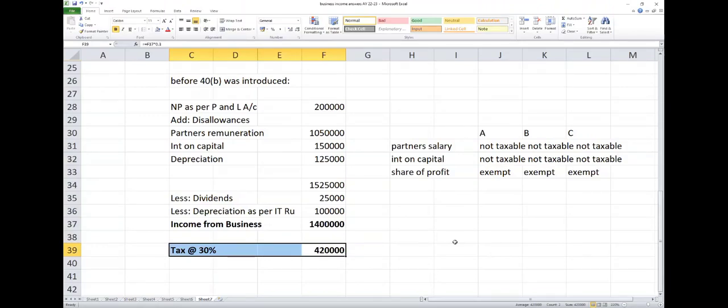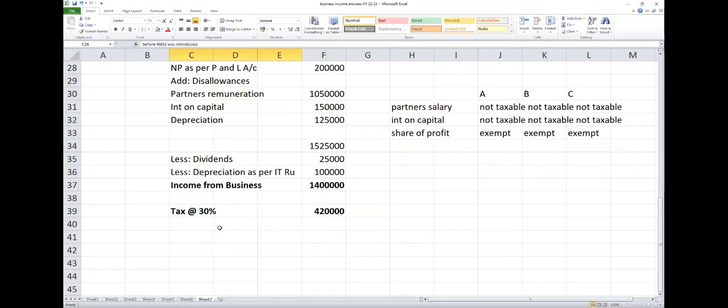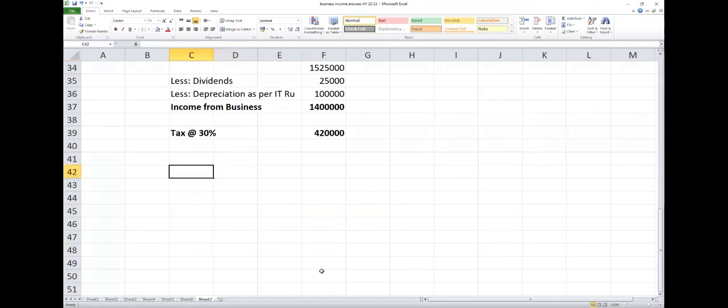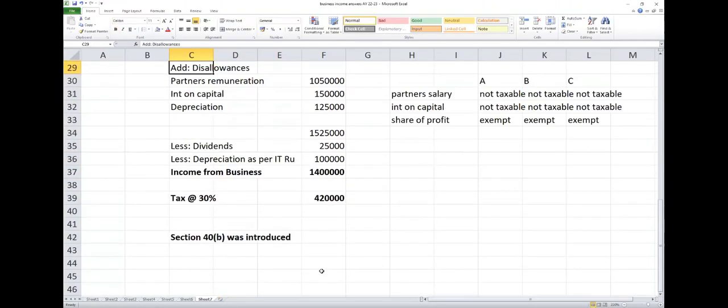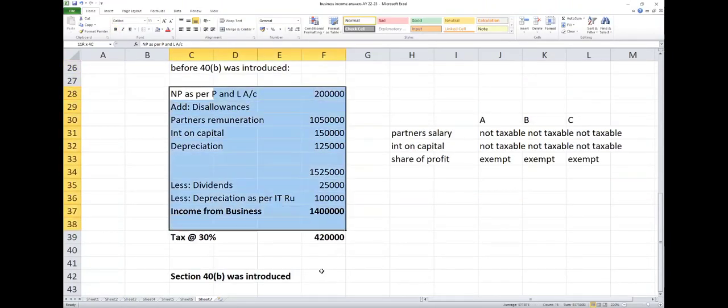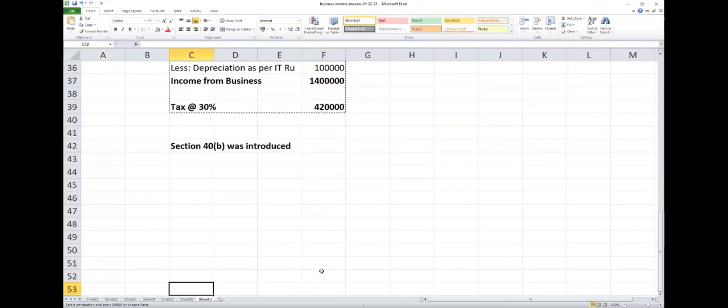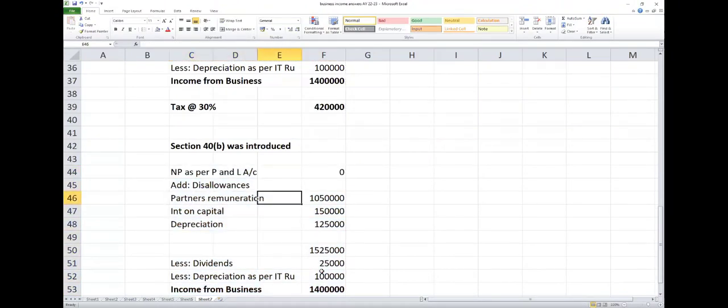Then 40B was introduced in 92-93. Manmohan Singh was the finance minister, and he introduced it. Now what changes did he make? He said partners' remuneration will be allowed. Interest on capital will be allowed.